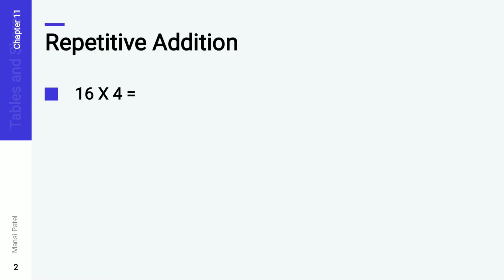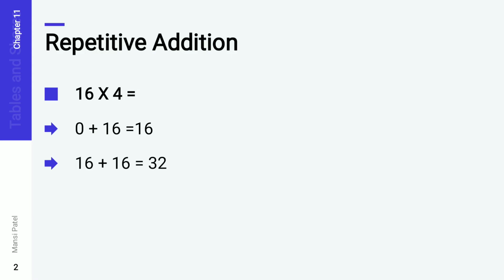So first, add 16 to 0. 0 plus 16 is 16. After that, you have to again add 16. So 16 plus 16 is equal to 32.